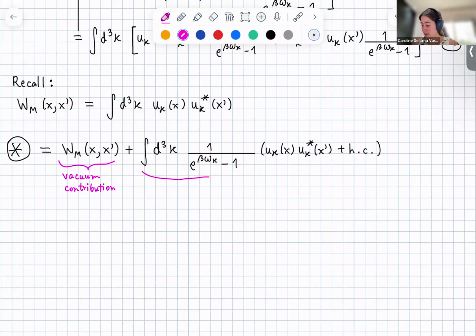Now, this other part here is going to be a regular contribution. So that's the overall form that you can write it. And well, any questions so far?